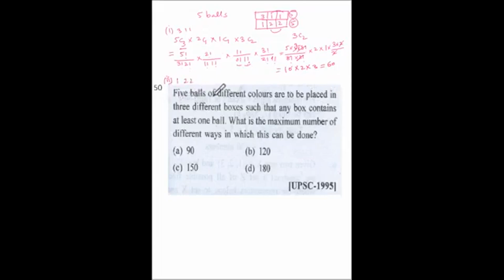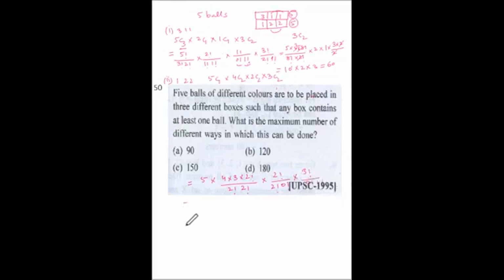Now second case is 1 2 2. So this will be 5C1 into 4C2. Now remaining are 2, so into 2C2, and then out of 3 boxes 2 boxes 3C2. So this comes 5 into 4 into 3 into 2 factorial upon 2 factorial into 2 factorial into 2 factorial upon 2 factorial 0 factorial, into 3 factorial upon 2 factorial and 1 factorial.